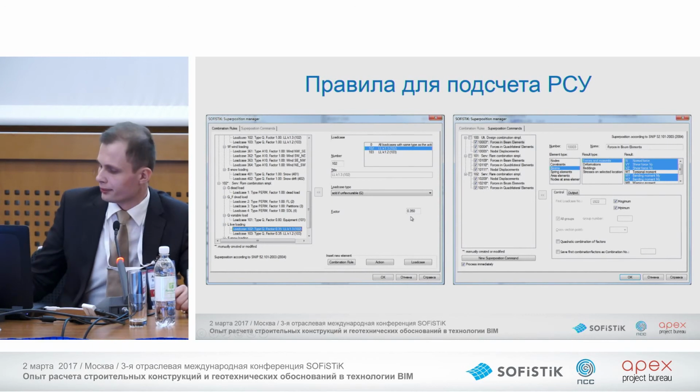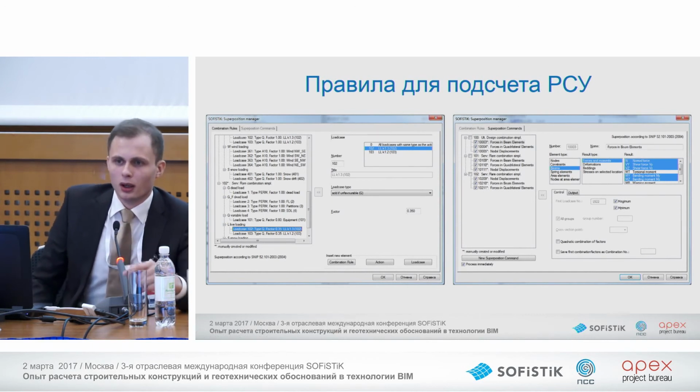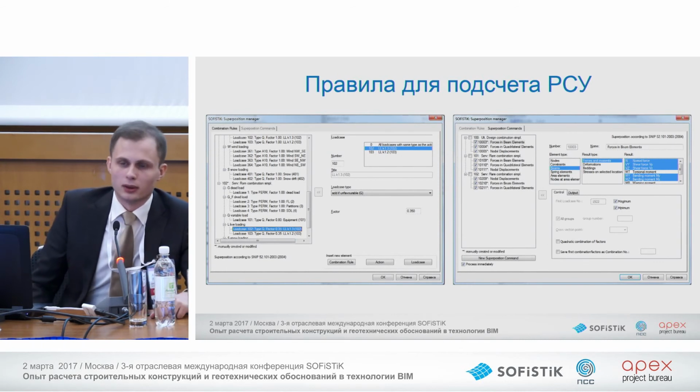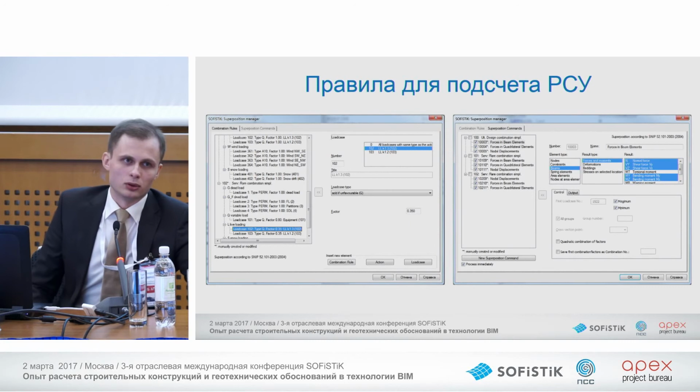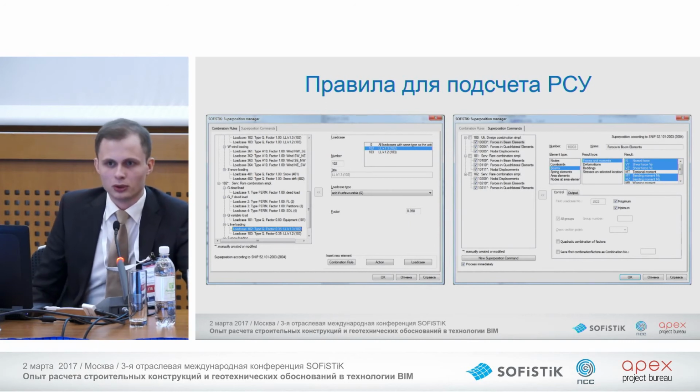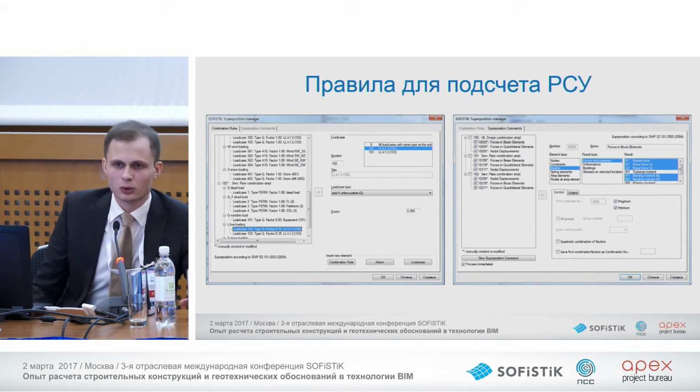For example, for short-term only, it's lower. It's 0.3 only, or 0.35, but only for this kind of influence, without wind. So create several types of requirements for different types of loads.